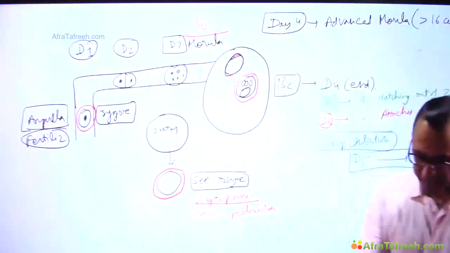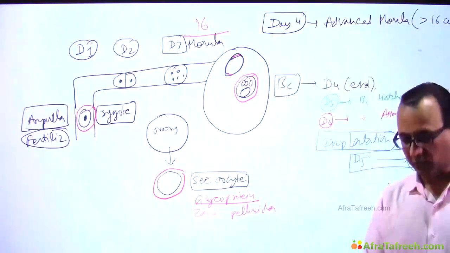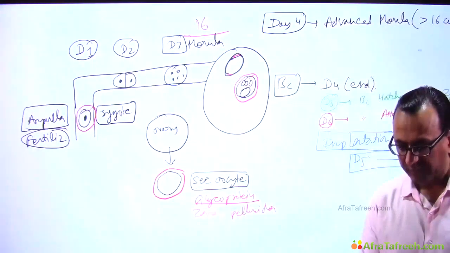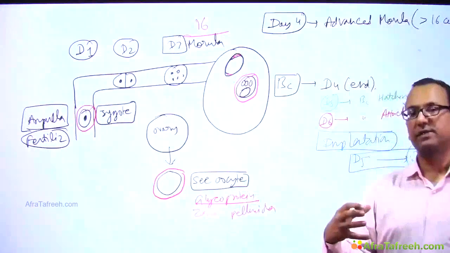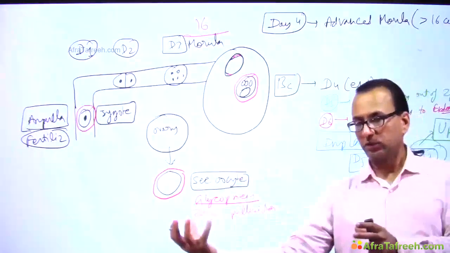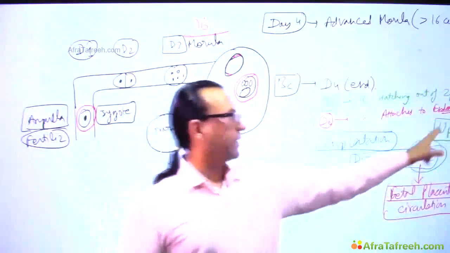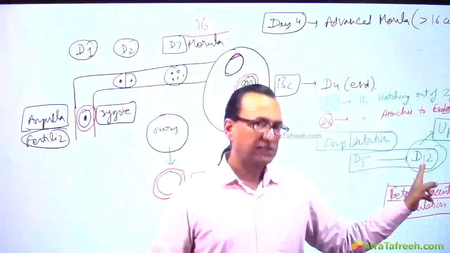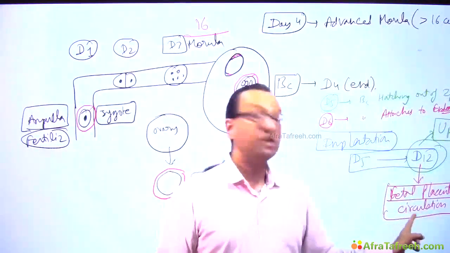Understand, on day number 12 the uterine placental circulation is established. Placenta has two parts, uterine placenta and fetal placenta. So the uteroplacental circulation begins at day number 12, but the fetal placental circulation will begin at day number 17.